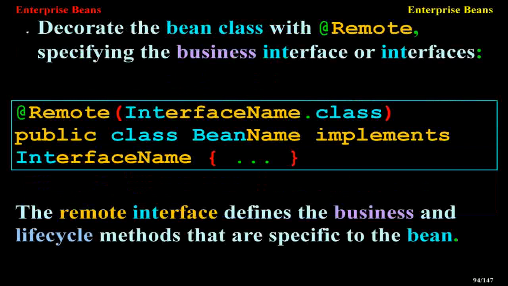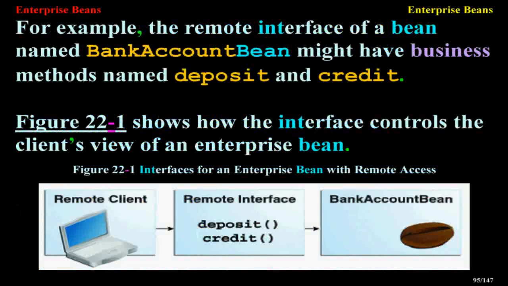The remote interface defines the business and lifecycle methods that are specific to the bean. For example, the remote interface of a bean named BankAccountBean might have business methods named deposit and credit. Figure 22-1 shows how the interface controls the client's view of an enterprise bean. Figure 22-1, interfaces for an enterprise bean with remote access.